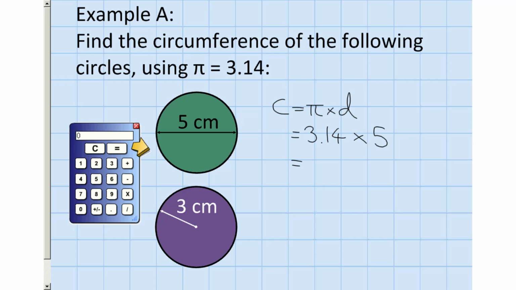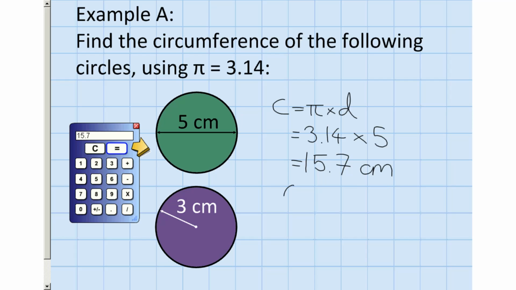We need to do 3.14 multiplied by 5, and we get 15.7. Remember that circumference is the length around the outside of a circle, so we need a unit, and it's 15.7 centimeters.